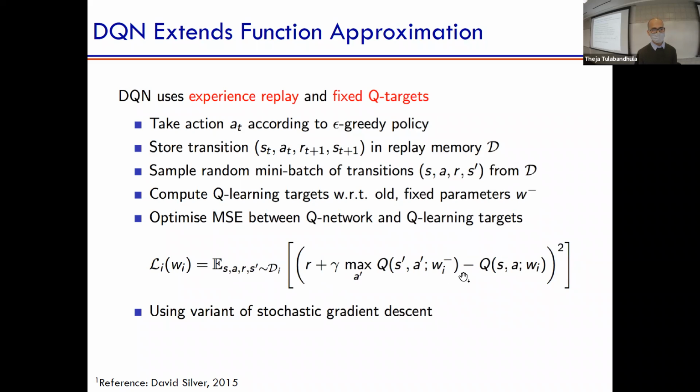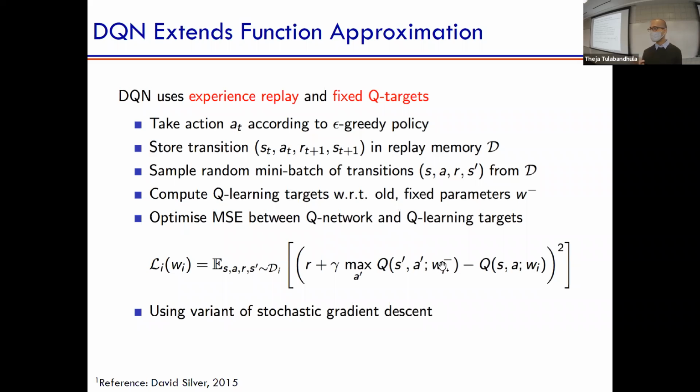Then you first estimate these two terms: r and gamma times max over a prime of Q. This r plus gamma max is the same as before, same as Q learning, except the Q function is being evaluated with respect to some old parameters.